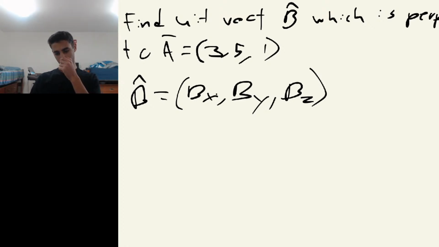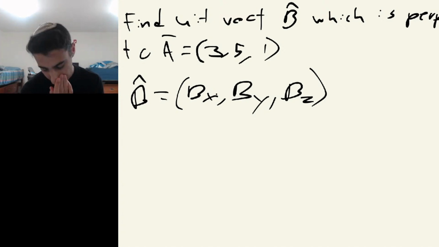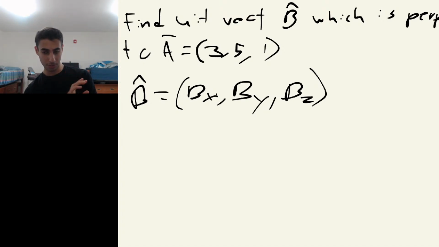So in theory, I guess there are two of them. If it's in the 3D world, there would be two potential answers for this, because there are two potential perpendicular things with unit length 1. I guess maybe there's even more.